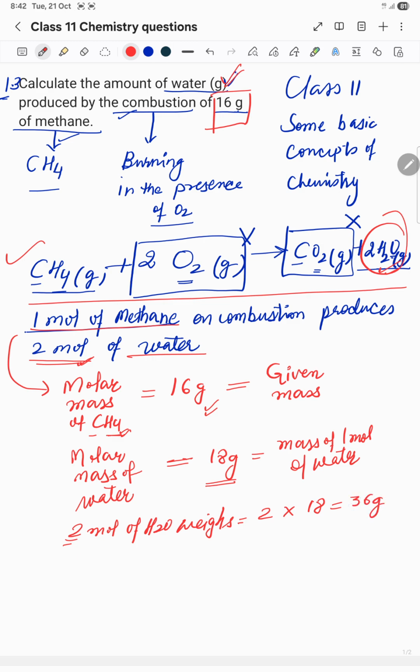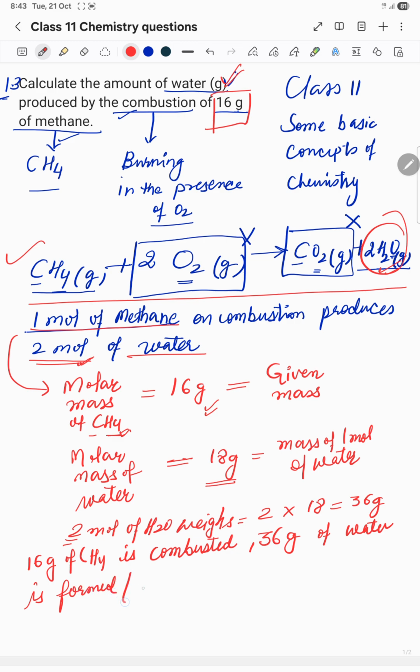So our answer will be that when 16 gram of methane is combusted, 36 gram of water is formed or produced.